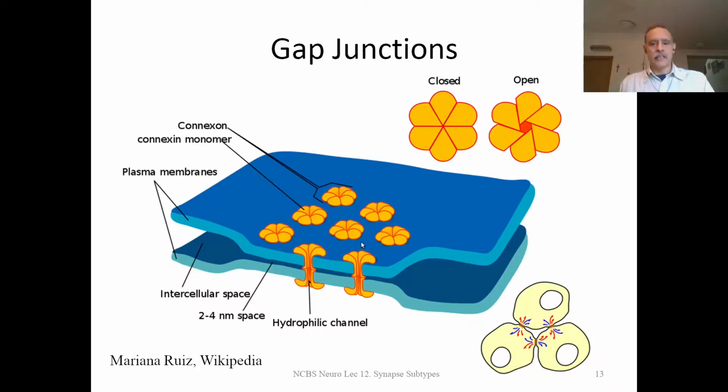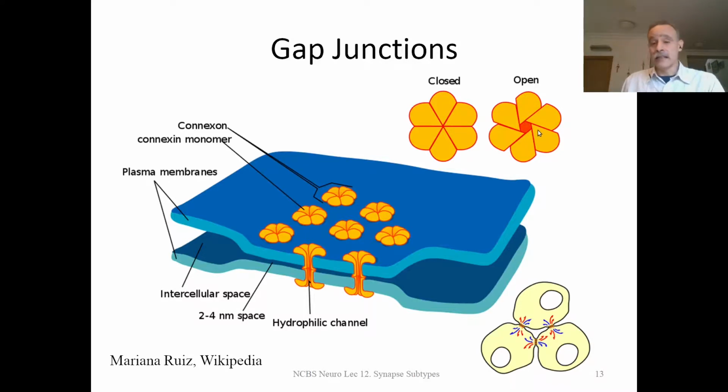And they typically come in a fairly large number, all closely opposed to each other, as in this schematic. The normal intercellular space is quite large, but in this region it's very, very close, 2 to 4 nanometers only. The middle of these forms a pore, and as I said, this can be open or closed, as indicated in this schematic over here.